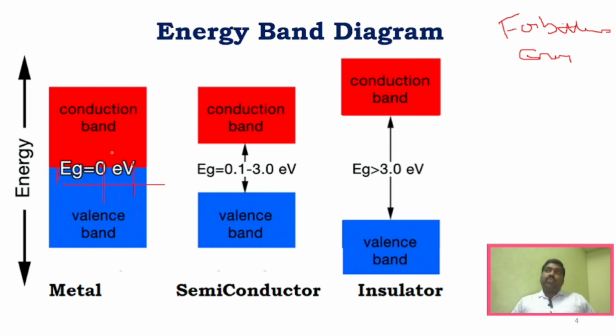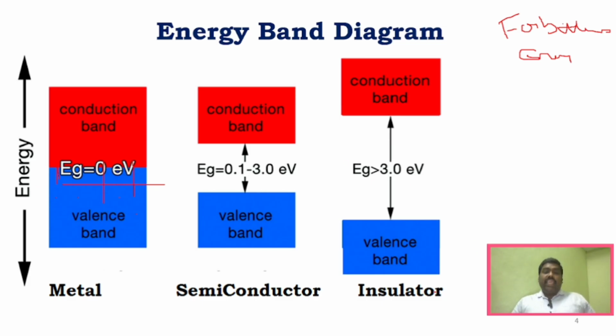And that is why metals are very good conductors of electricity. That means the electrons from the valency band will easily reach the conduction band without any external energy. They can freely move to the conduction band because the forbidden energy gap is 0.